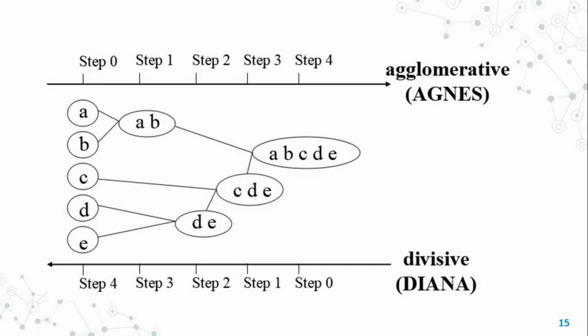Next, we have here also an illustration of the difference between the AGNES and DIANA approach. So here in agglomerative, from A, B, they are combined into a larger one, and then A, B, C, D, E. While in divisive, it goes from general to specific.